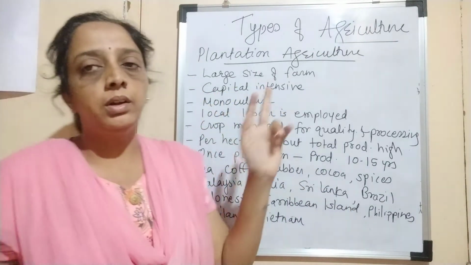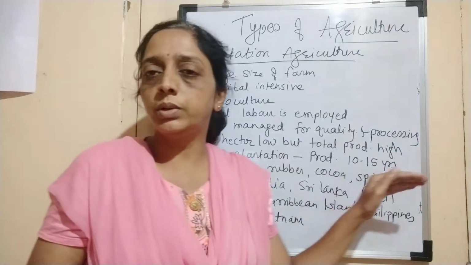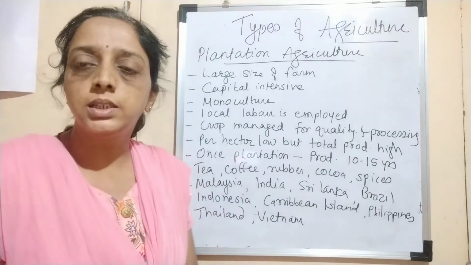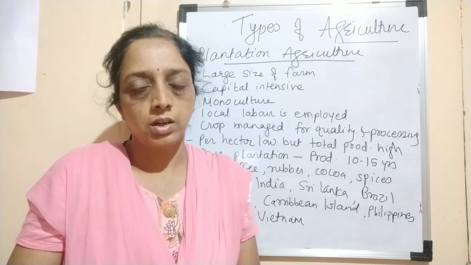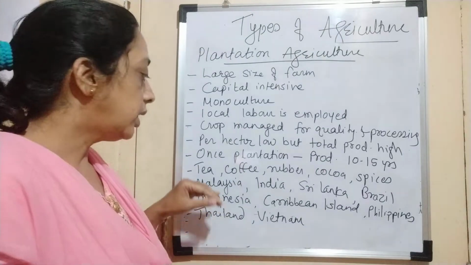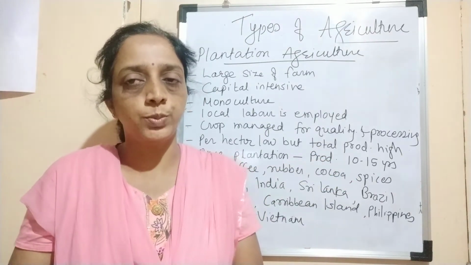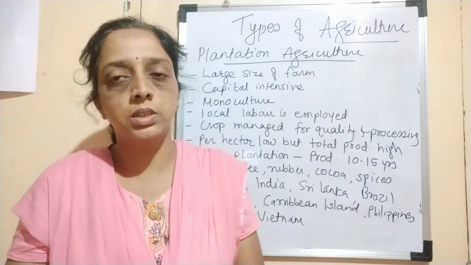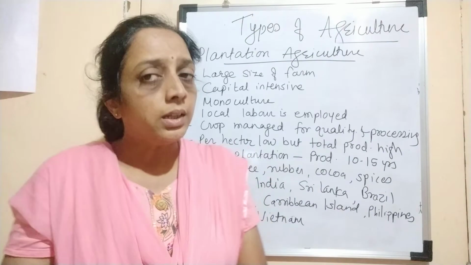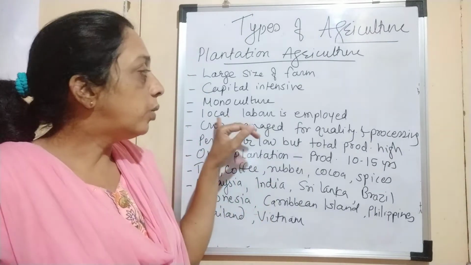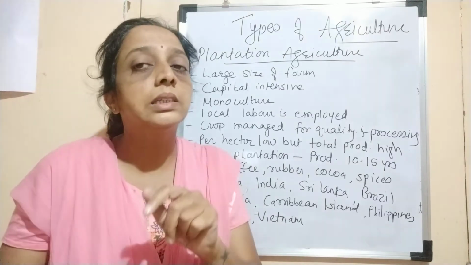Second is capital intensive. Tea, coffee, rubber, cocoa, spices are grown in the tropical areas, especially on the hill slopes. In this agriculture, local labor is required, and these laborers are skilled.